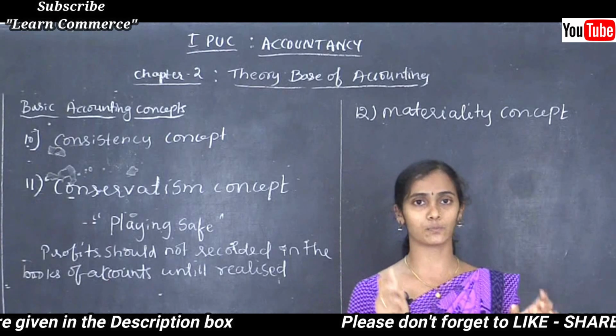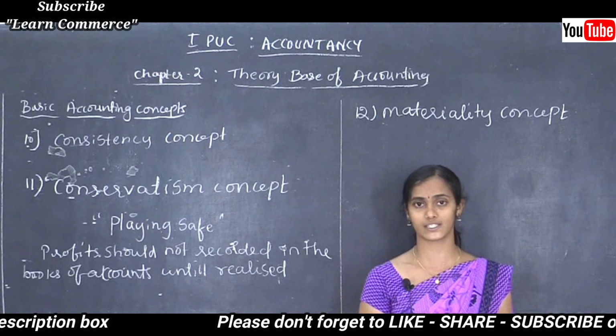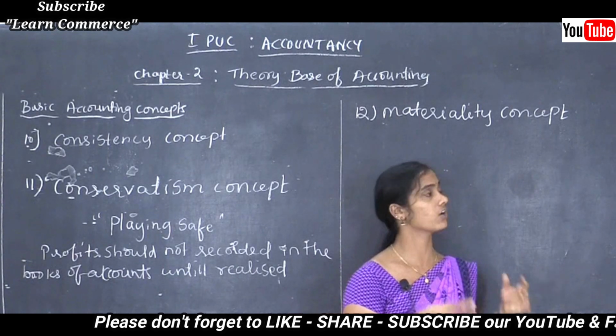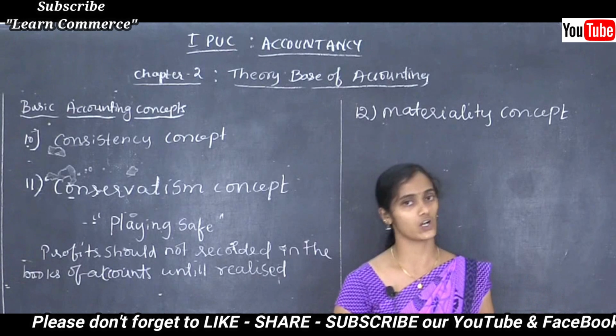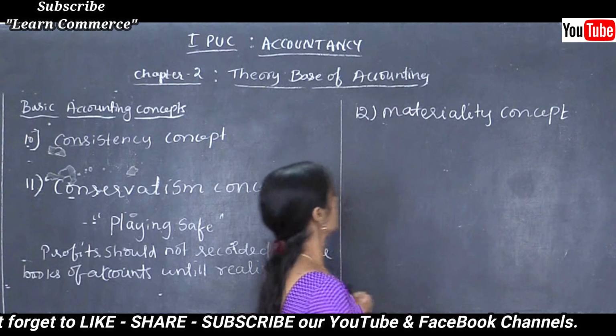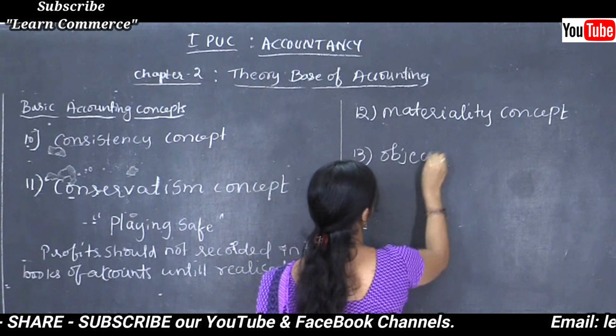All these small expenses are considered stationery expenses, refreshment expenses, like that. These are all recorded on the payment side or in the profit and loss account. Getting my point? So this is the materiality concept, and the next one is the objectivity concept.